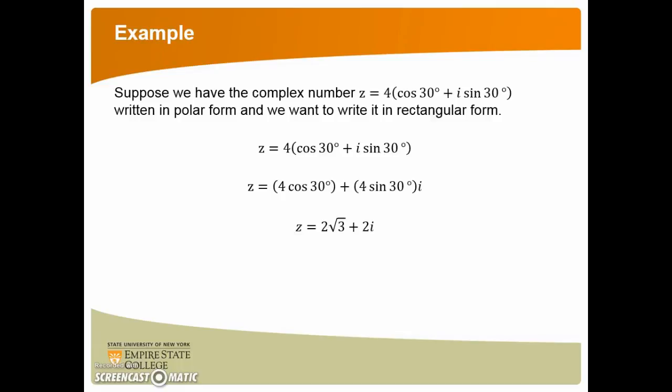Because our theta is 30 degrees, we can find exact values for the sine of theta and cosine of theta. The exact value is z equals 2 times the square root of 3 plus 2i. If we want an approximate value, we have z equal to 3.46 plus 2i.